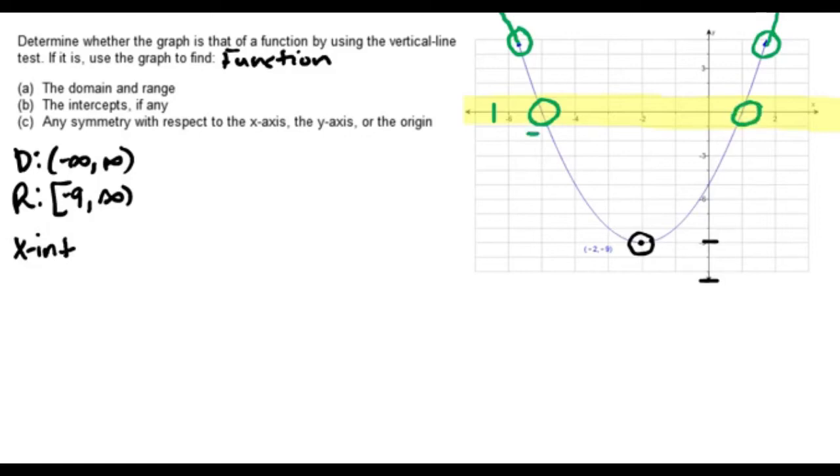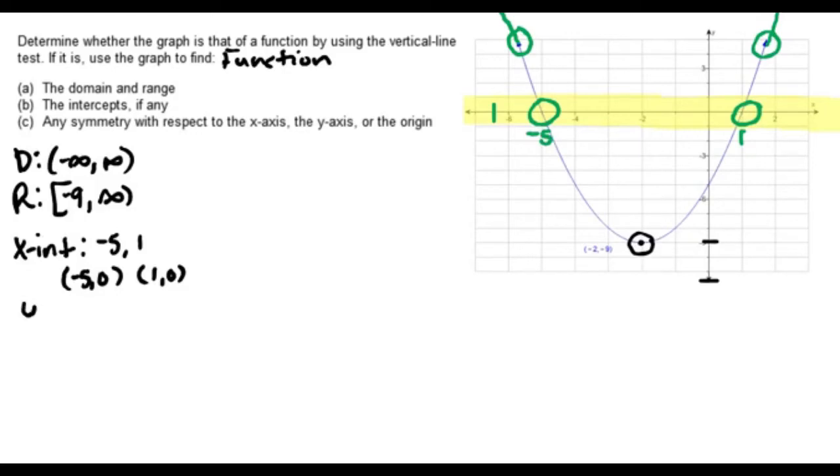This one looks like it's -5, and this one looks like it's +1. So we have x-intercepts at -5 and +1. If you need to write those as an ordered pair, you would write the ordered pair -5, 0 and the ordered pair 1, 0.